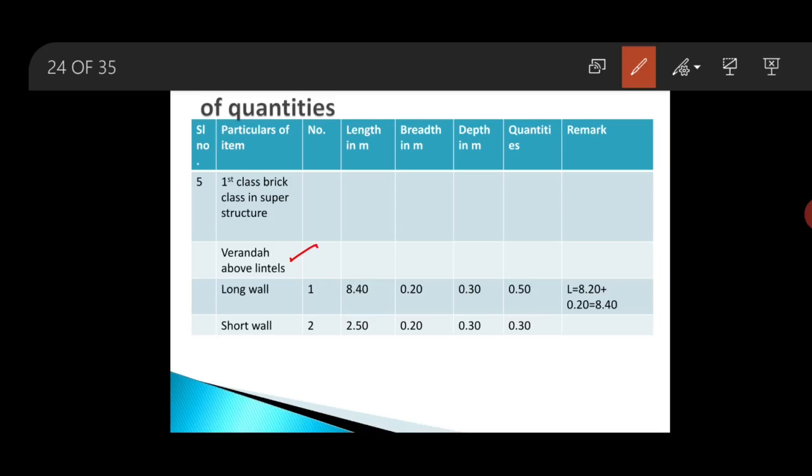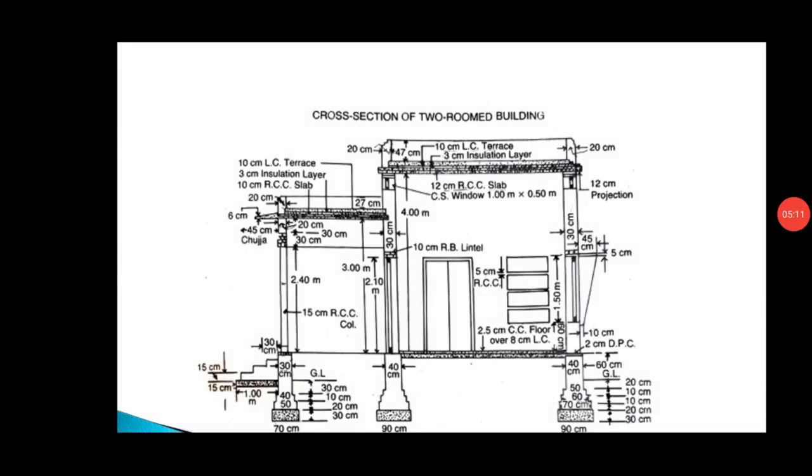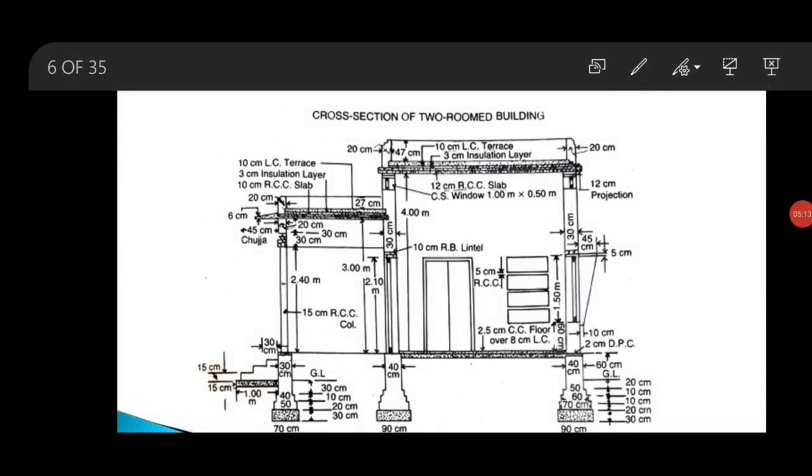So write down under same item name, veranda above lintels. Now we will move to the drawing. In the plan you can see here, this is the sectional elevation of C along CEFG.